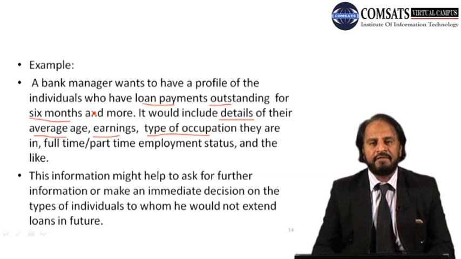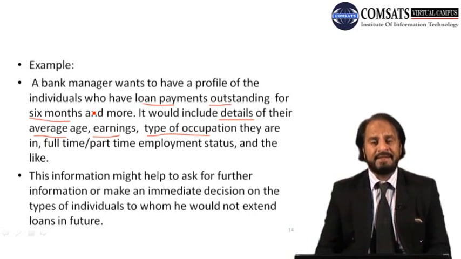Getting this kind of information, what we call descriptive information of the loan takers, will help him make decisions as to not give loans to the type of people who delay their payments beyond 6 months. How does he know that?